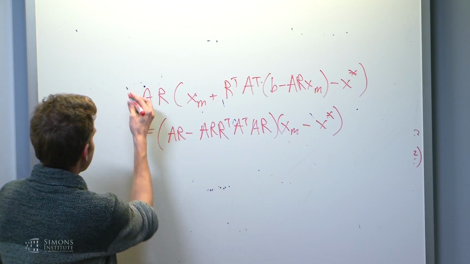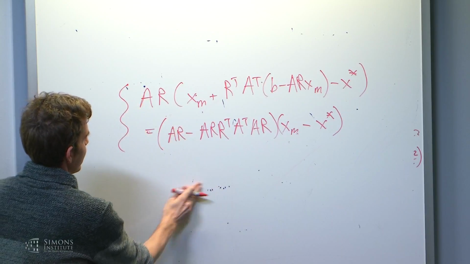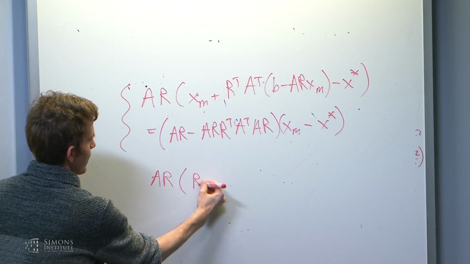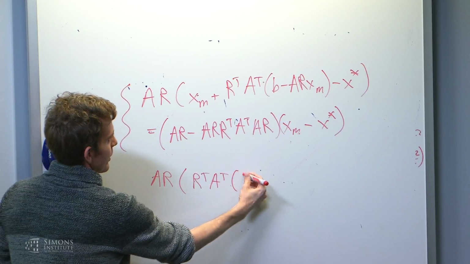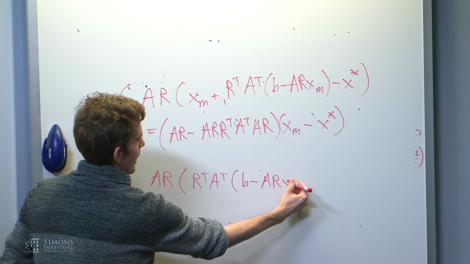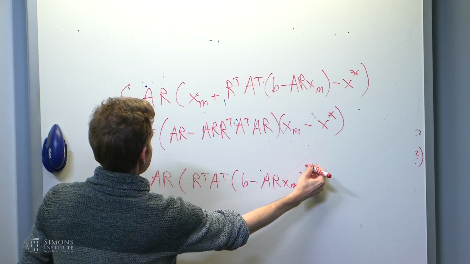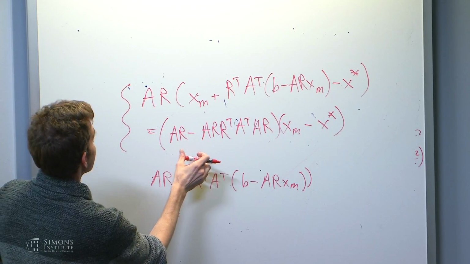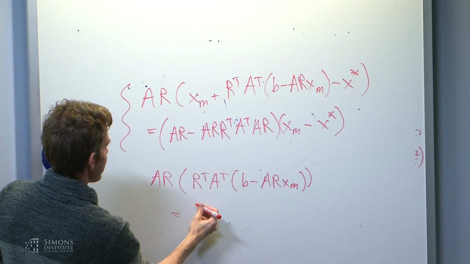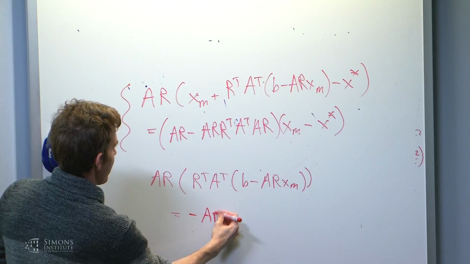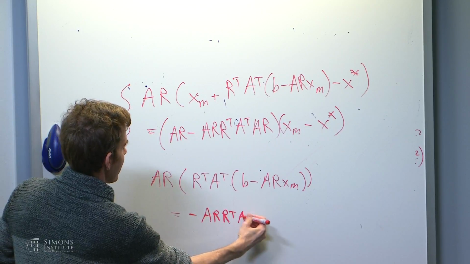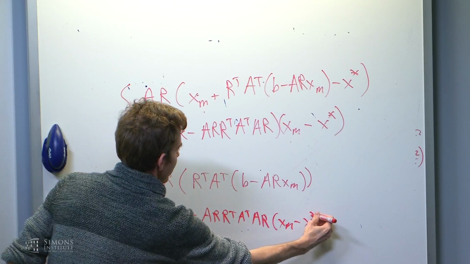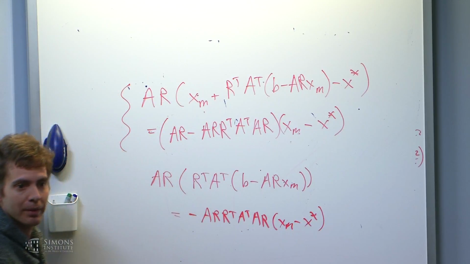So what I really need to show is that A R times R transpose A transpose b minus A R x_m is equal to this quantity, which is minus A R R transpose A transpose A R times x_m minus x star. Is that good, everyone?